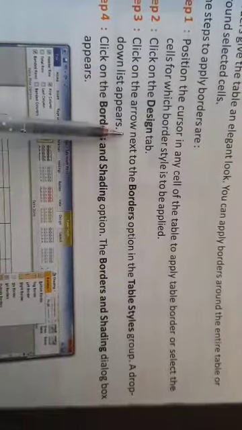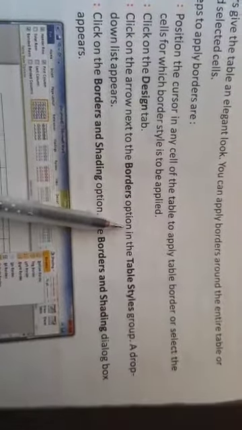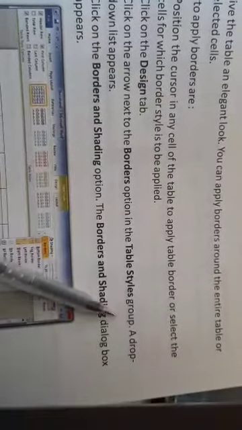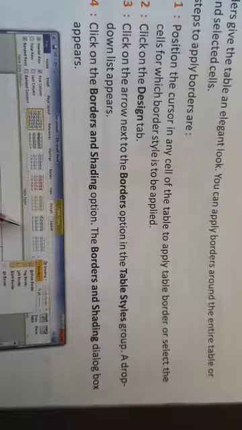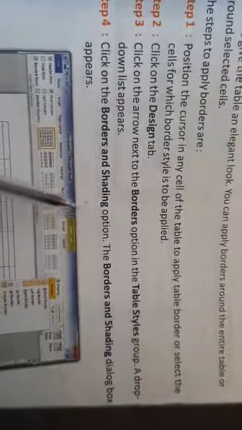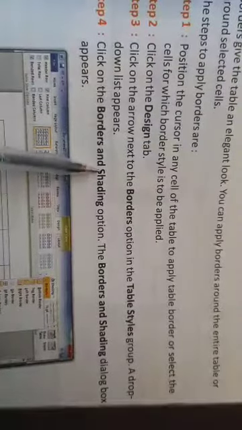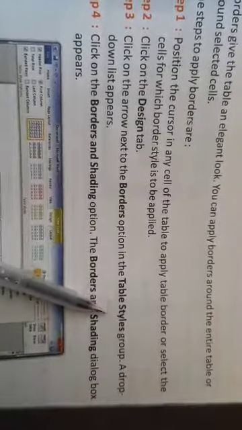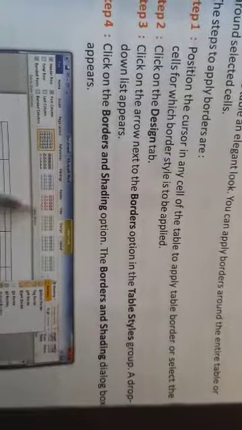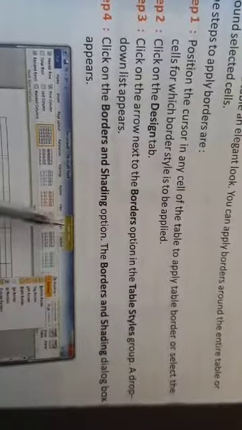Click on the arrow next to the Borders option. In the Table Styles group, a drop-down list appears. Here is Table Styles, then you have to click there, and a drop-down list will appear.